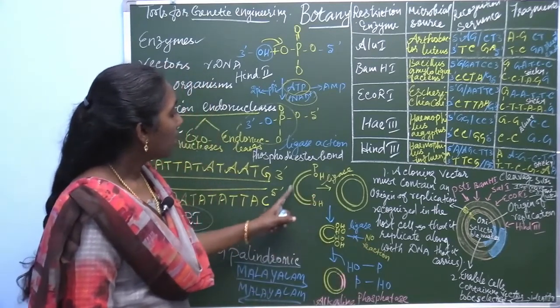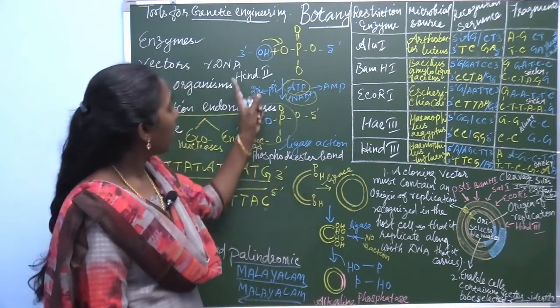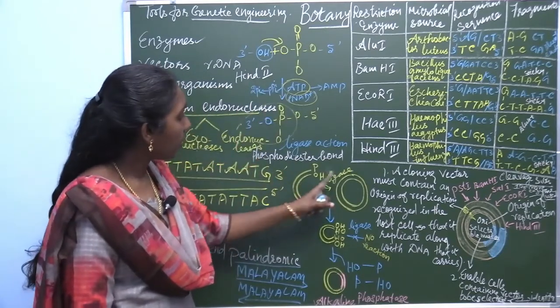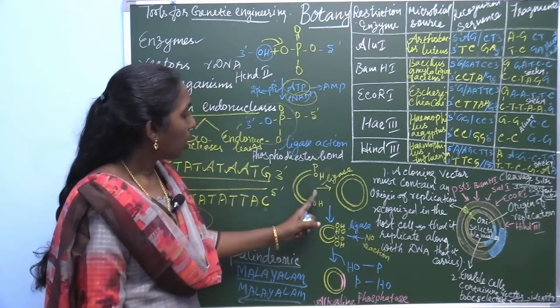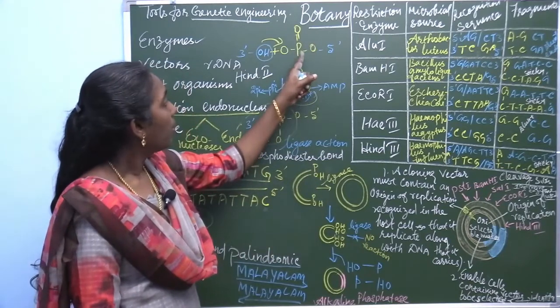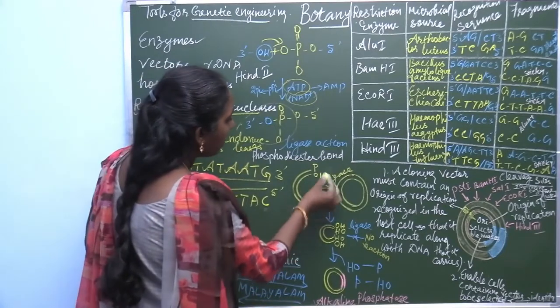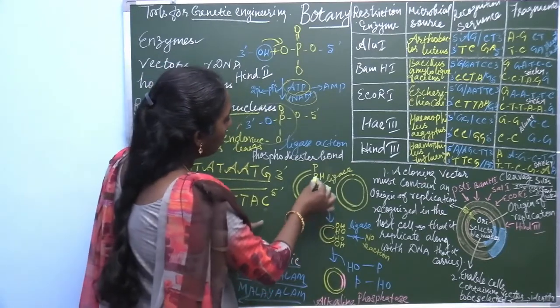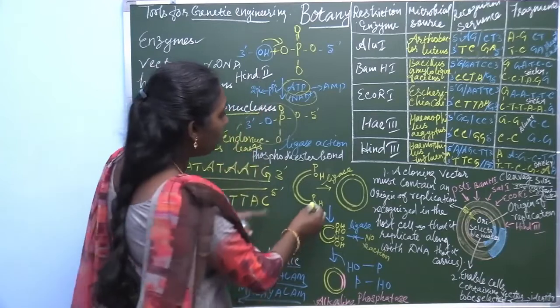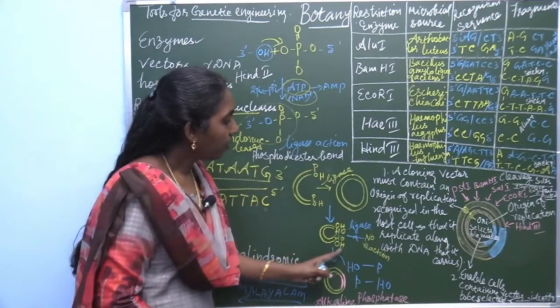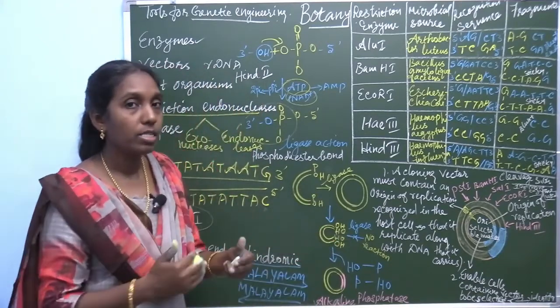Look at this. Here is the ligase enzyme. This ligase enzyme joins this phosphate PO4 and OH. If the sequence is the correct sequence, it joins.